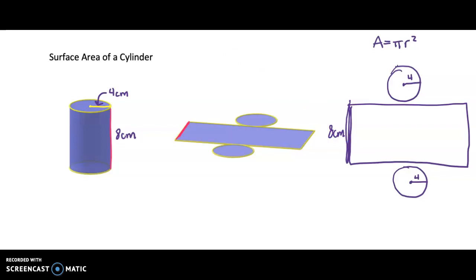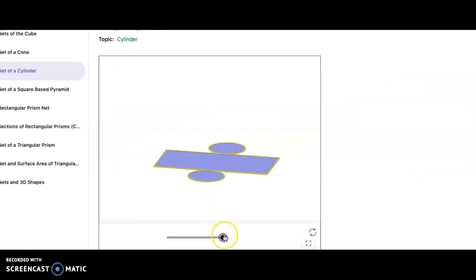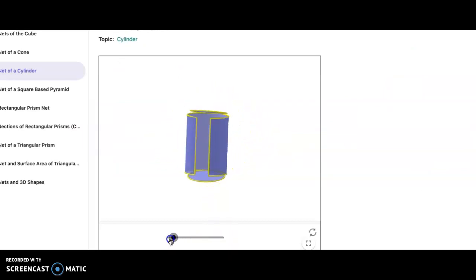But the big question, this is the kicker, is what is the length of this piece right here? That corresponds with this piece here, which, how do we get that? Let's go back and look. Where does that come from? That roundness that opens up.